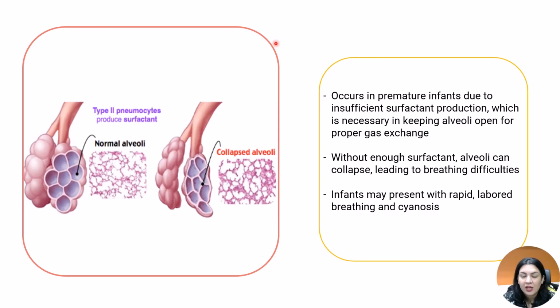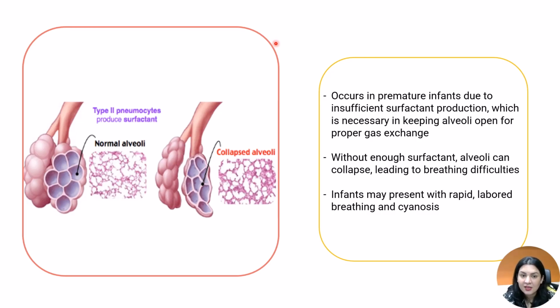newborn respiratory distress syndrome. Now, how this might present clinically in a premature baby is that the infant will have very rapid, very labored breathing patterns because, again, they're in respiratory distress.